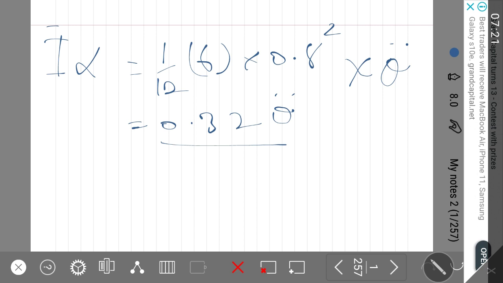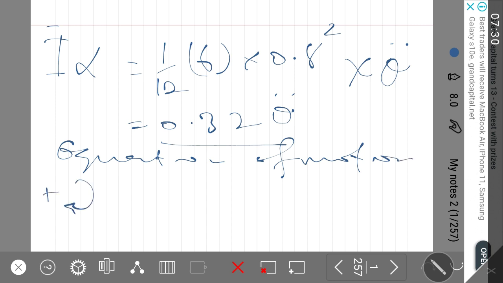Now we want to determine the equation of motion. To do that, we are going to take the summation of all the moments clockwise at point C and equate it to 0.